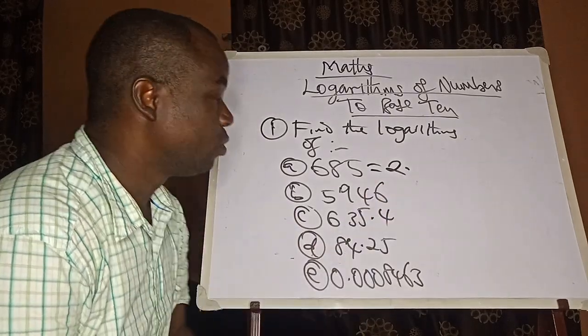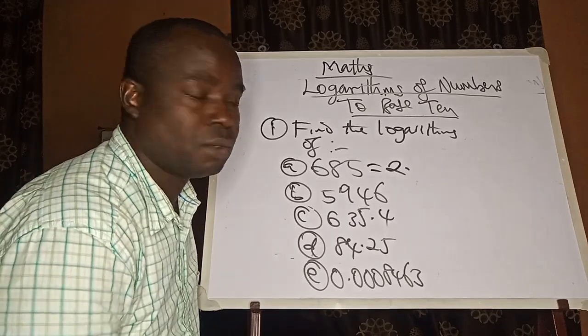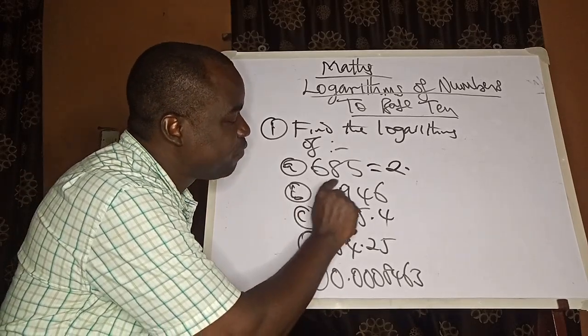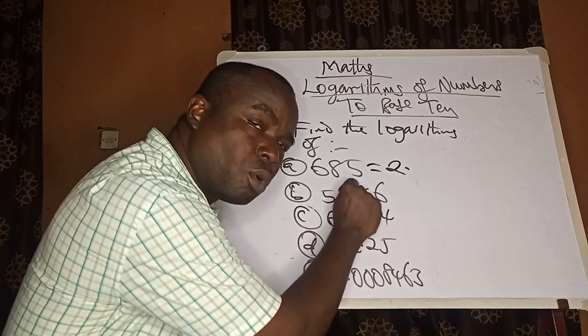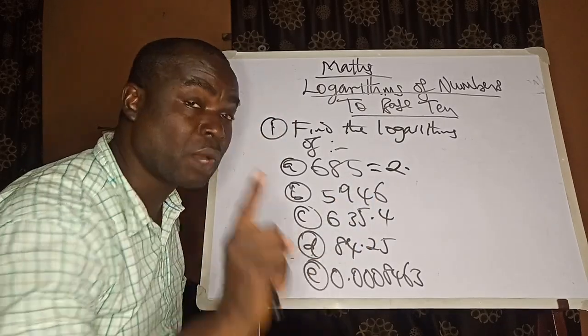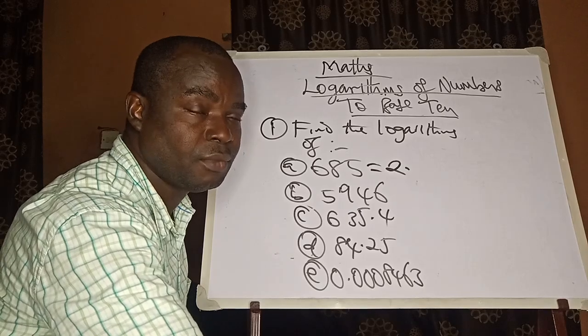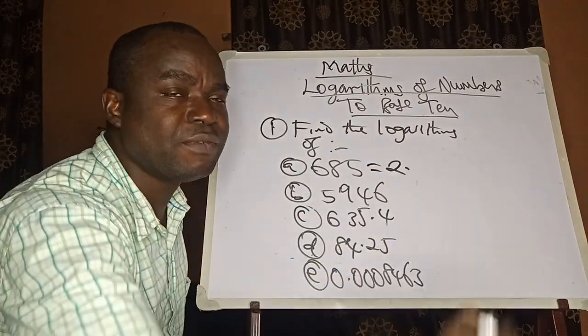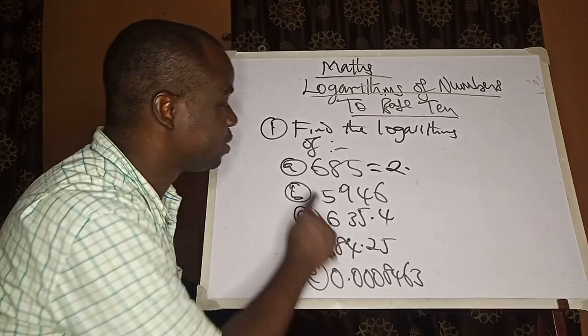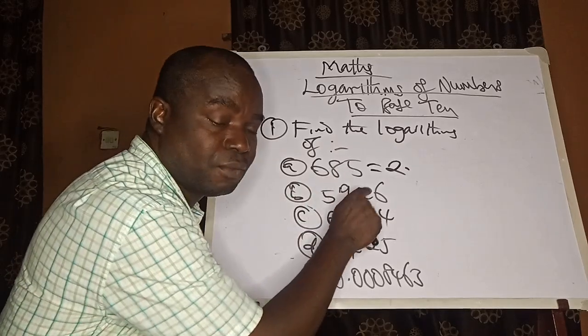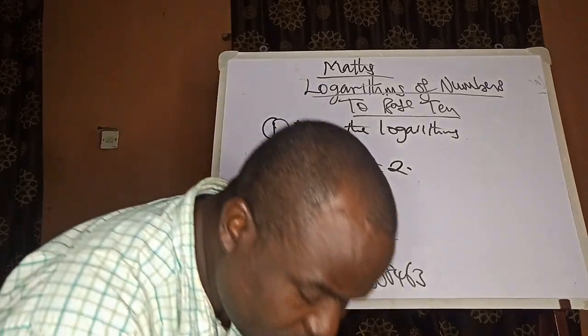Is it clear? Now, you go to your table. Look for the first 2 numbers under the third number. Remember what I said? The first 2 numbers under the third number. You can say the first 2 significant figures under the third number. That is 68 under 5. So let us find 68 under 5.